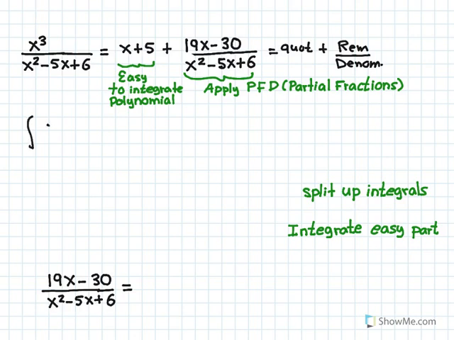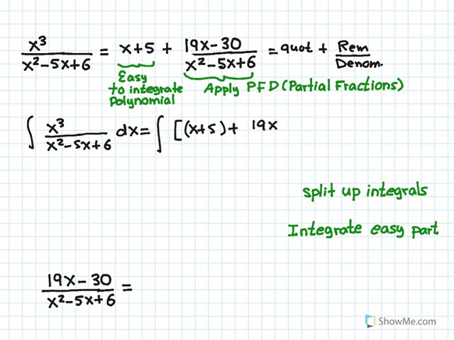We have the integral of x cubed divided by x squared minus 5x plus 6 dx, that's the integral of x plus 5 plus 19x minus 30 divided by x squared minus 5x plus 6 dx.